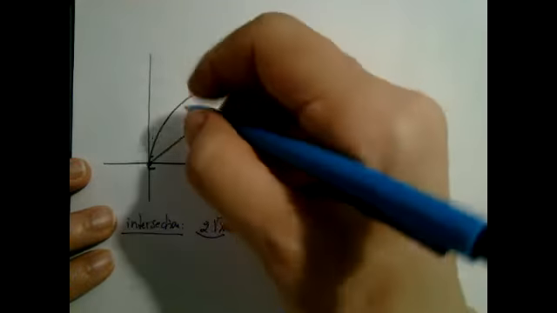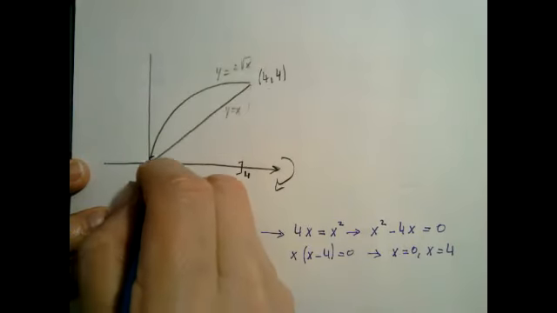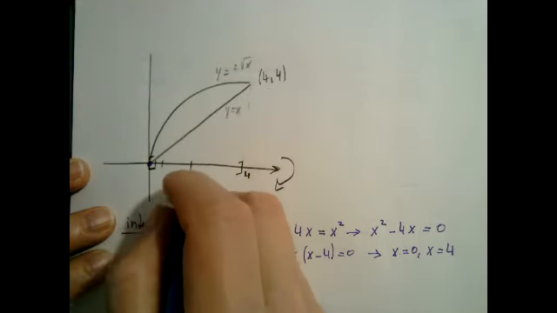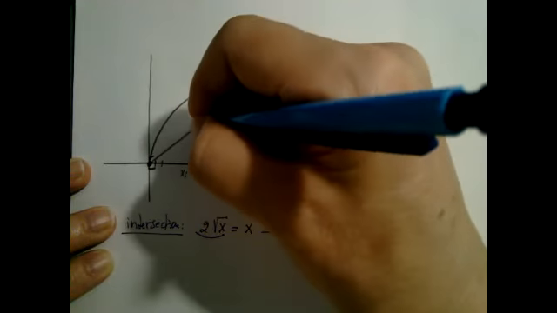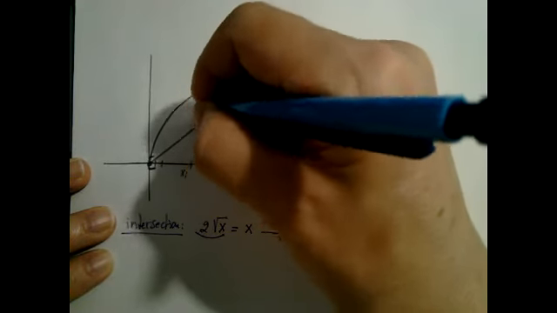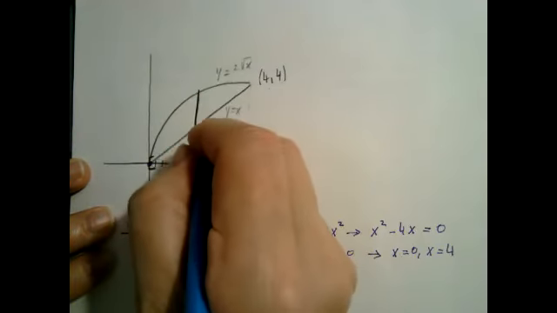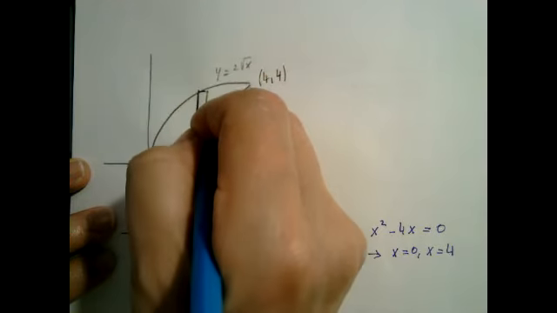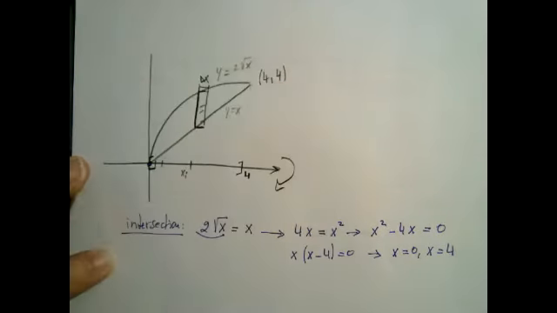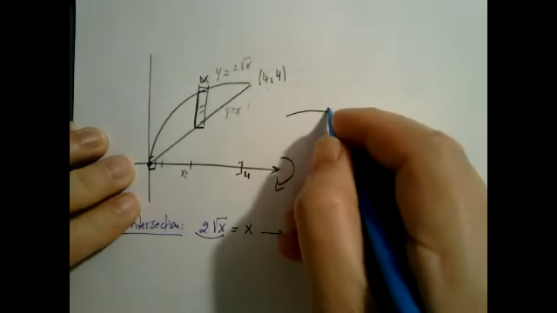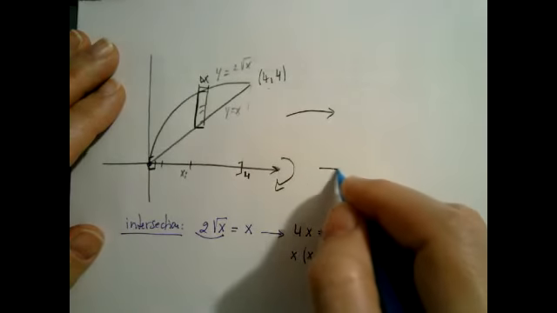Now the division starts, and I focus on only one piece. This is my x_i, and this is the piece, my rectangle, and from here to here is my delta x. Now everything is with respect to x. Now I will rotate this piece. I'm going to rotate it here for clarity.